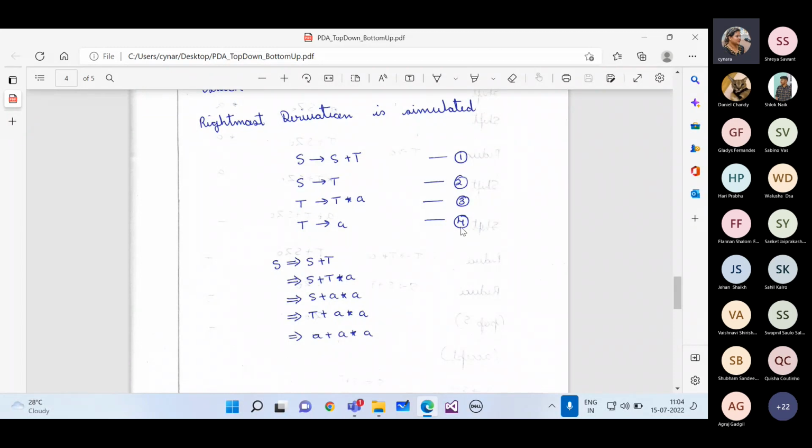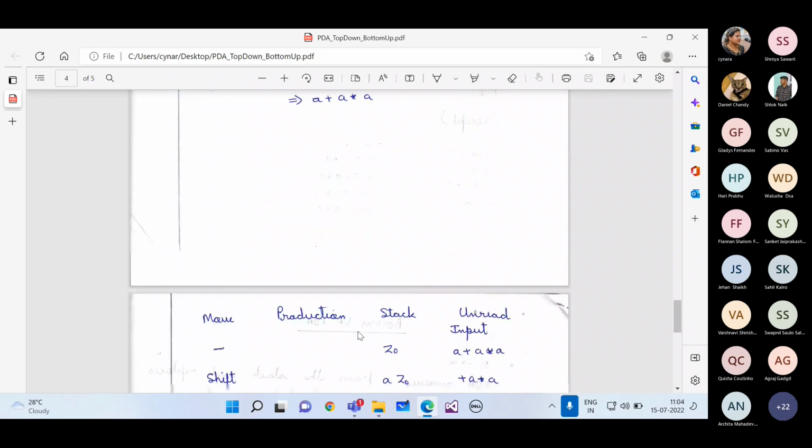Then I will be using the fourth production to replace this T by A. Then the second production to replace this S by T. So I have derived an expression like A plus A into A. So this is a grammar to derive some regular expressions. You have seen how, by using a rightmost derivation, I have derived this A plus A into A.